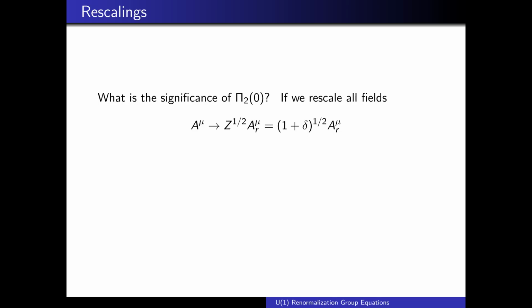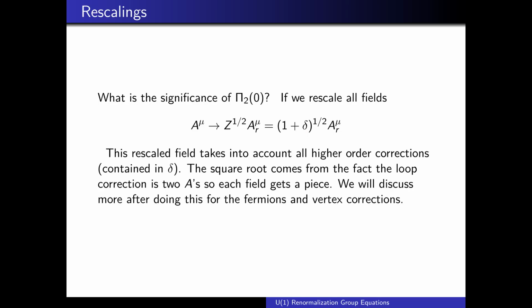We can rewrite Z as the tree plus some correction, plus some delta, and this contains all loop corrections. In the next video we'll discuss how to do the fermion loop and then the vertex corrections. From there we'll go on to generalize this and include scalars, because we have not done a scalar loop.